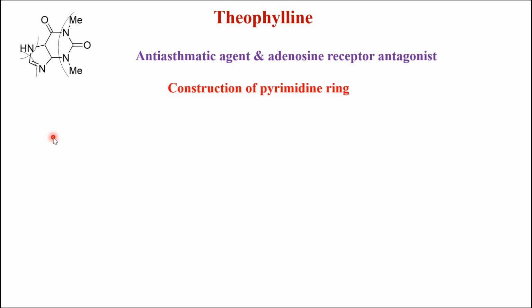As we know, we have to construct the pyrimidine ring, as we have seen in Traube's purine synthesis, where he took urea, and here the methyl groups are attached to nitrogen. That's why I will be taking N,N dimethylurea, and here 1, 2, 3 carbon and 1 nitrogen.